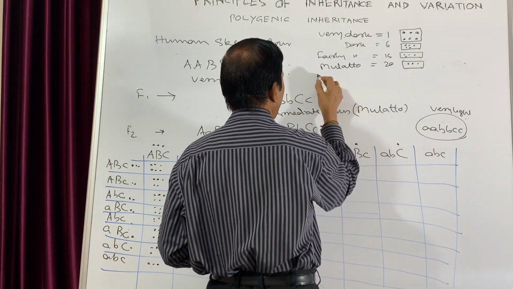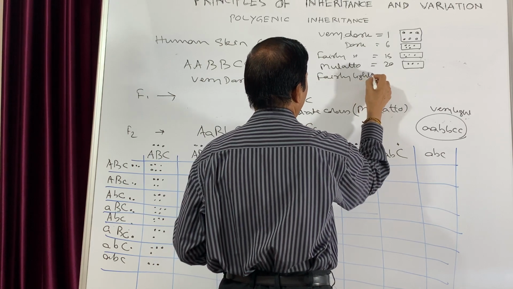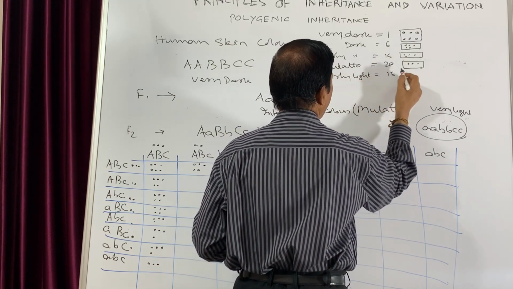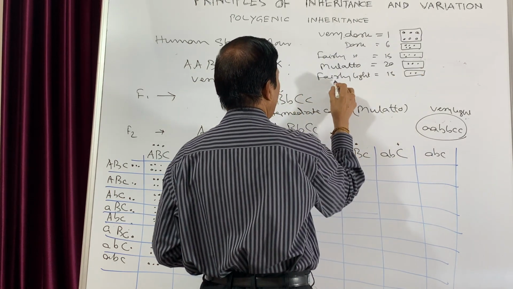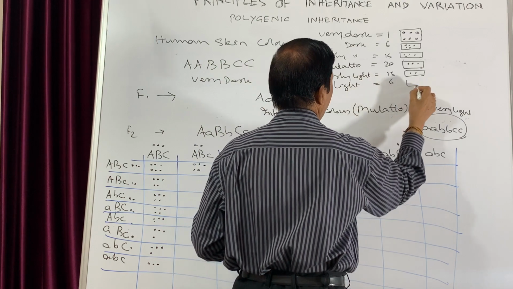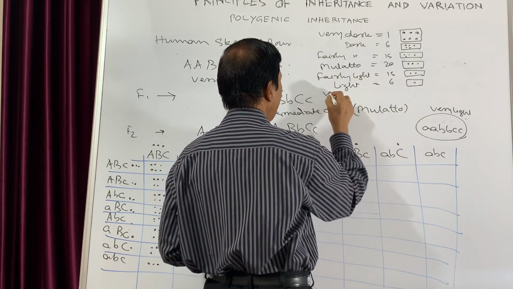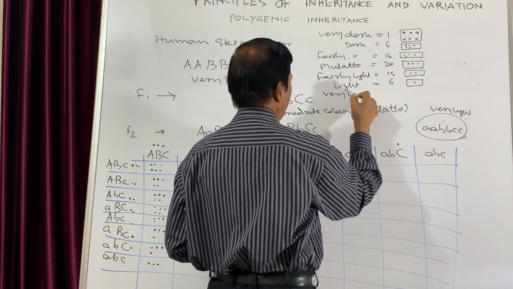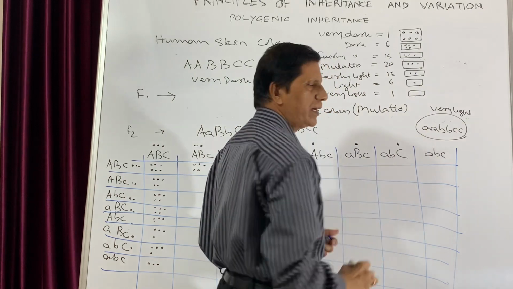Then fairly light, we will get again 15, and here 2 dominant genes are there. Then light, again we will get 6, and here 1 dominant gene is there. And very light, only 1 is there, and no dominant genes.